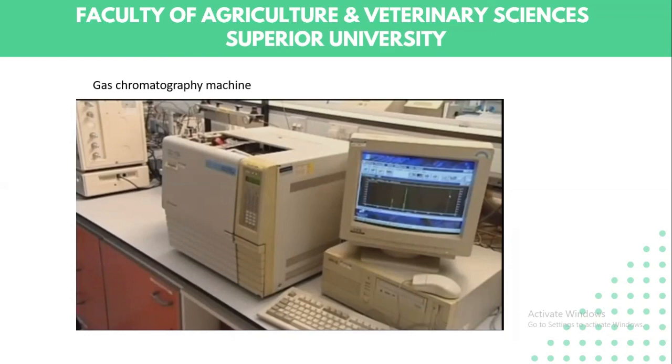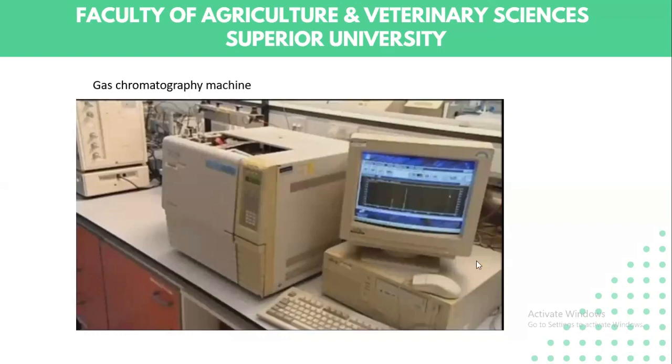We call it helium gas, or sometimes we use nitrogen gas. This machine heats the sample, and after that its detector detects the fatty acids and tells us what kind of material the sample has.